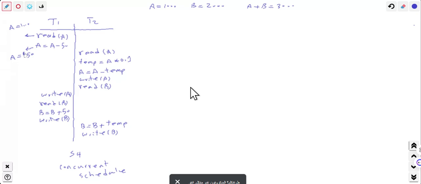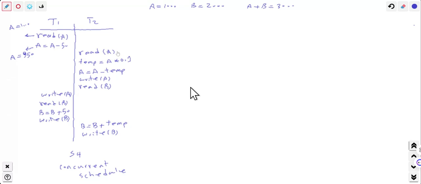But this value, this 950, has not been written on the database here.